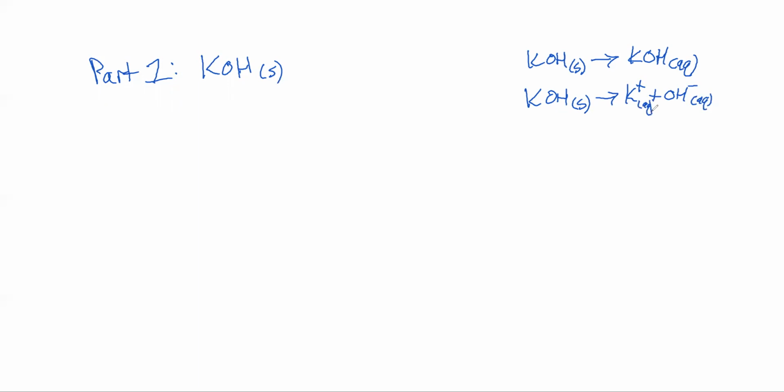And then this is going to react with our HCl to produce that water and that aqueous solution. Okay. So that's what our reaction is going to be for part 1.